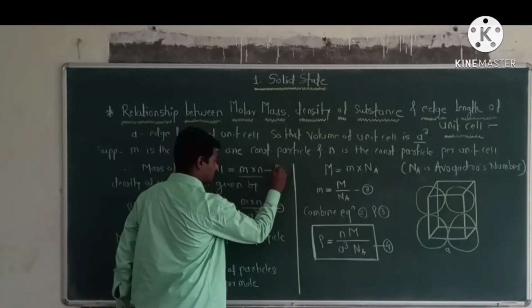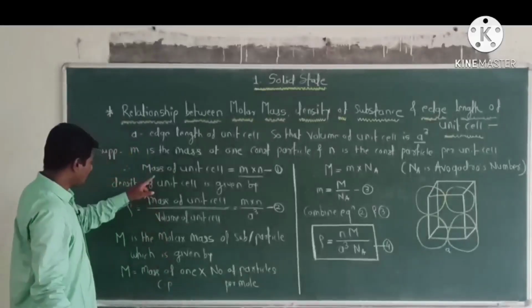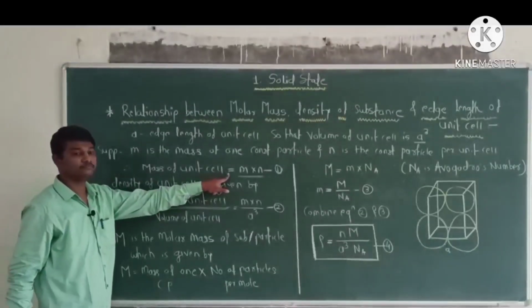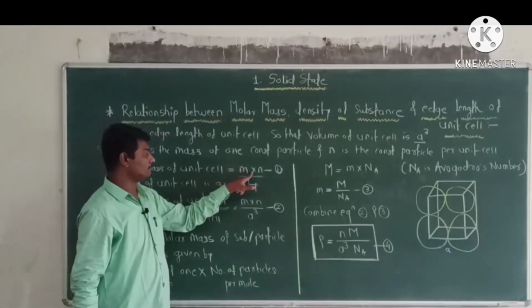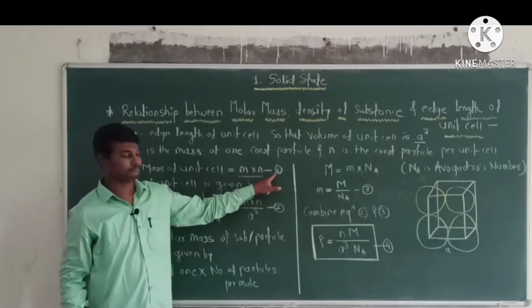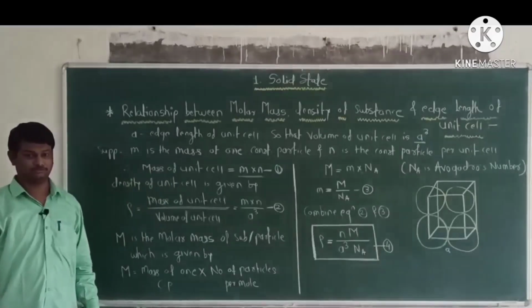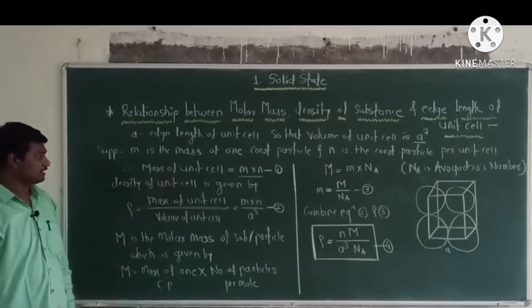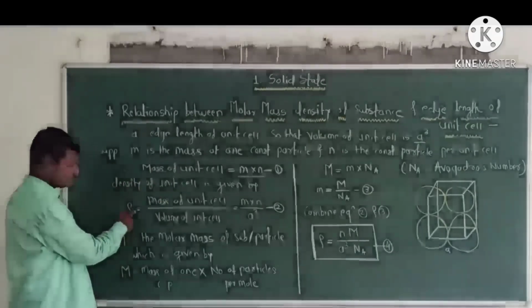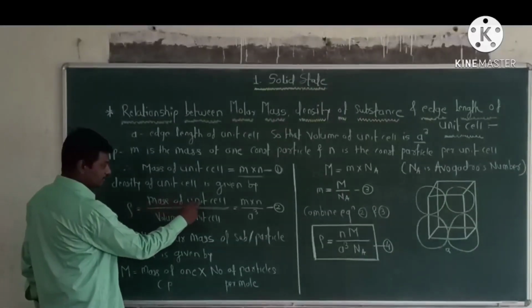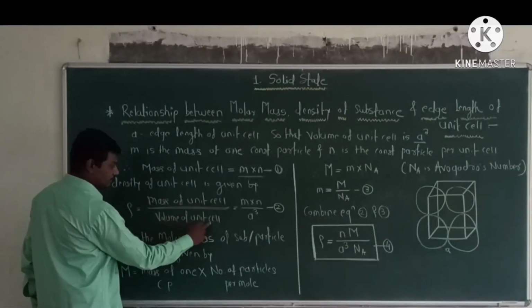Represent this as equation number 1. Mass of unit cell is equal to m into n, equation number 1. The density of a unit cell is given by the equation: density is equal to mass of a unit cell divided by volume of unit cell.